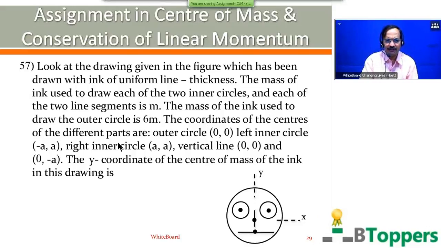The coordinates of the centers of the different parts are: the outer circle (0, 0), left inner circle (-a, a), right inner circle (a, a), vertical line (0, 0), and (0, -a). The coordinates of the center of mass of ink in this drawing are? Come on, try the question here.